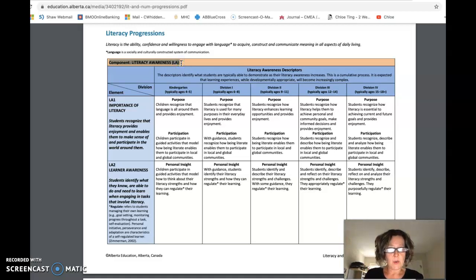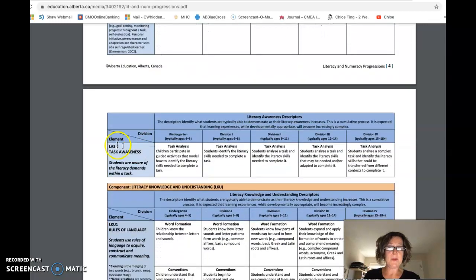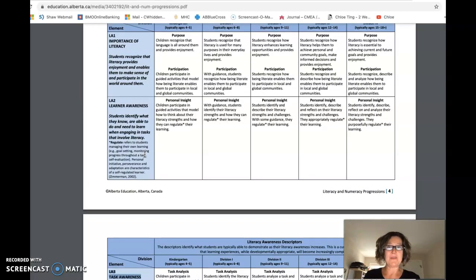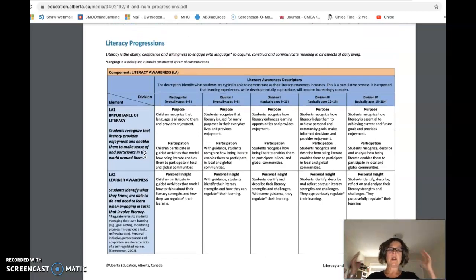And under the literacy awareness component, there are LA1, components of literacy, importance of literacy, and learner awareness. You also have task awareness. So it's a little bit of a subdivision, just like the Alberta Program of Studies had those subdivisions.